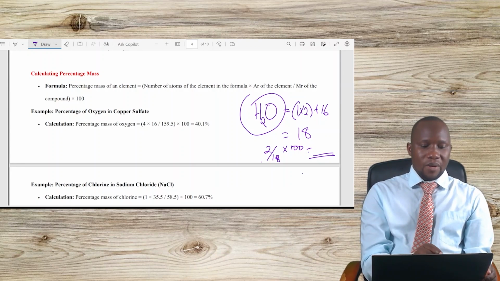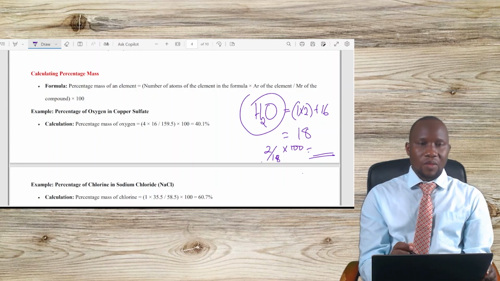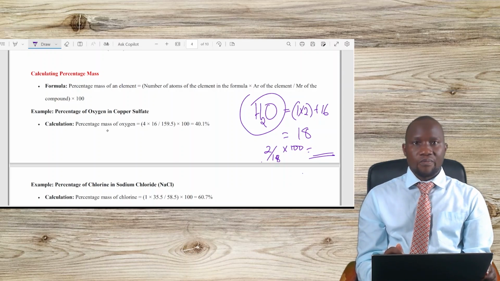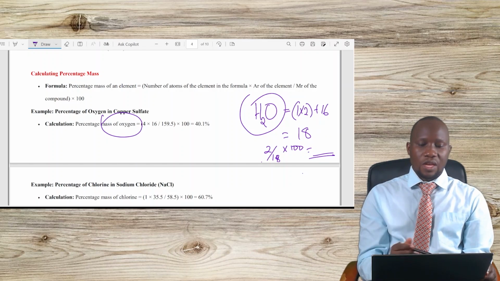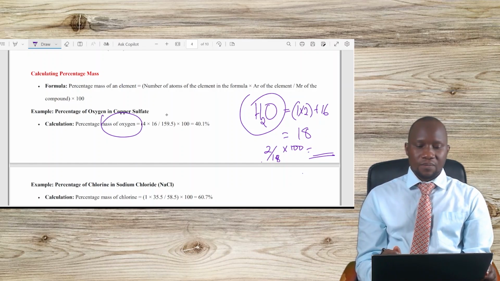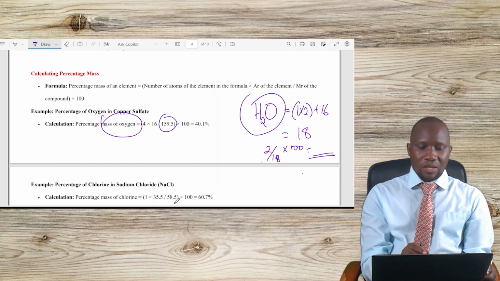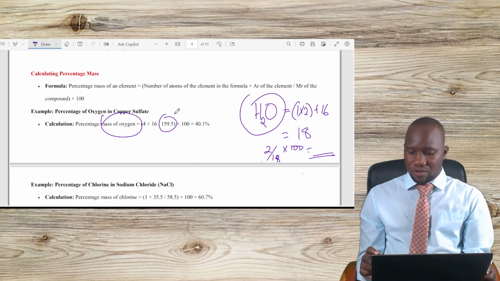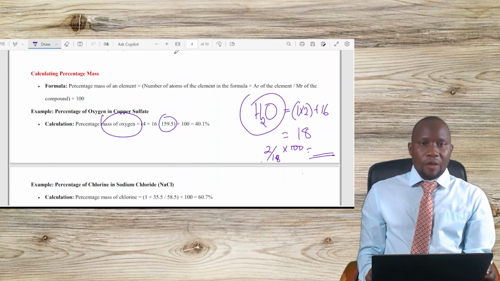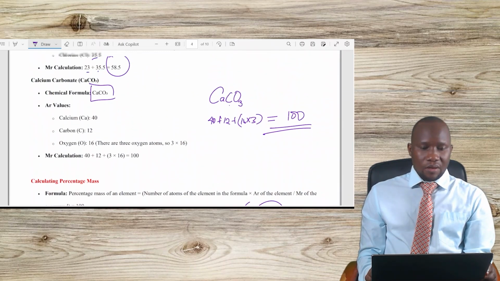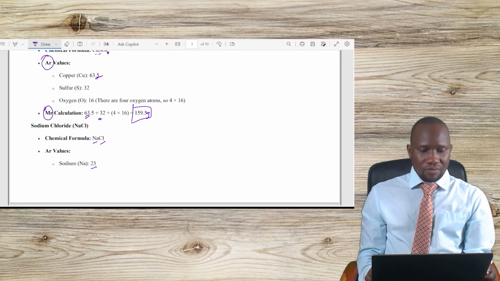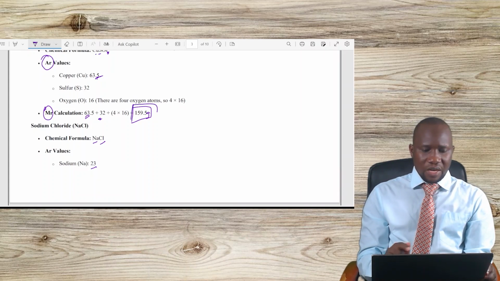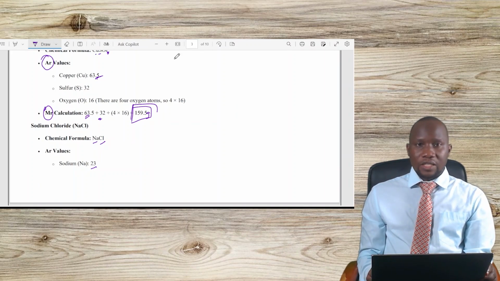So in copper sulfate, what is the percentage mass of oxygen? So how do you do it? We have already calculated the one for copper. So we basically know the relative formula mass for copper sulfate. If we can go back here, we already have it here. We calculated it, so we know it.